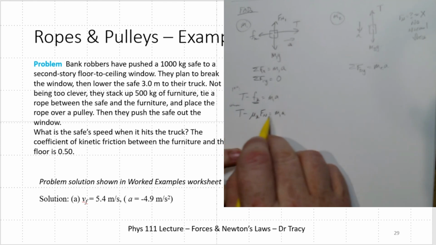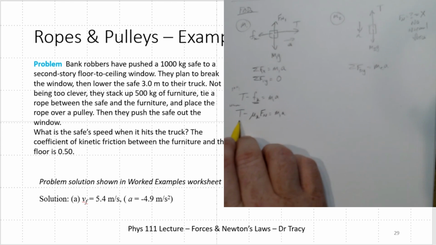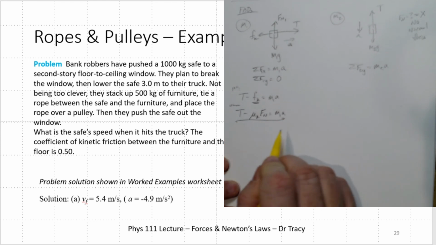So this is just about ready to go. We can go ahead and leave T here for the moment, and we'll see if we need to arrange that. So we'll pause that there.